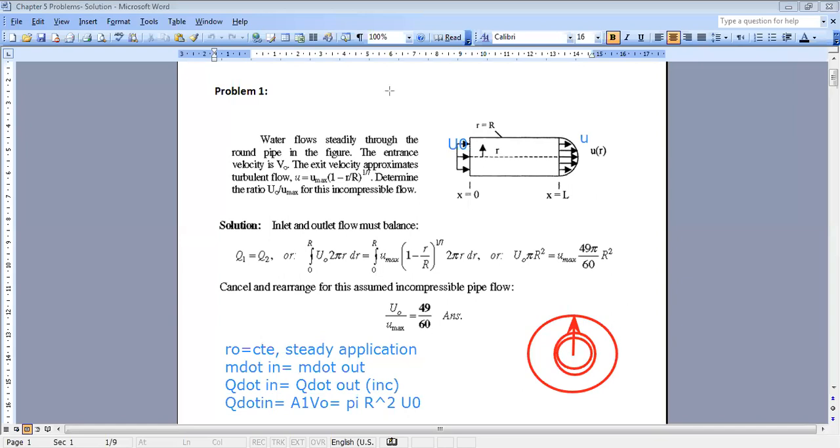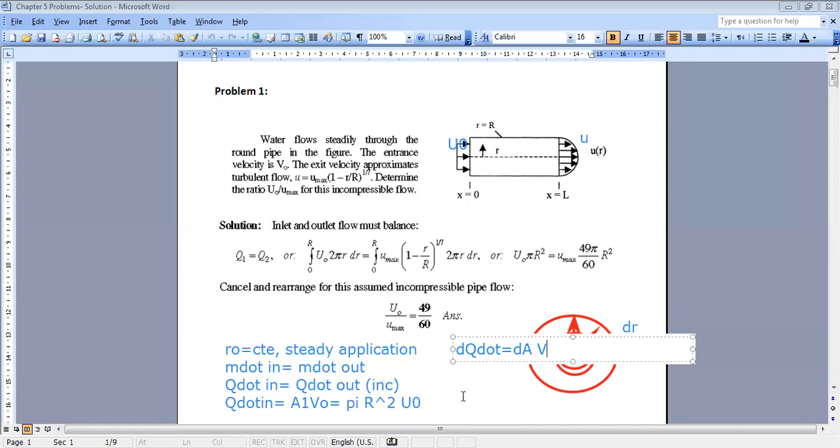Okay, so I will take a very small disk here of thickness dr. I can say that for this area I have the same velocity. Why am I doing this? Because I want to find the total flow rate, and I can write that the elementary flow rate dq dot is equal to the elementary area dA times the velocity at this area.